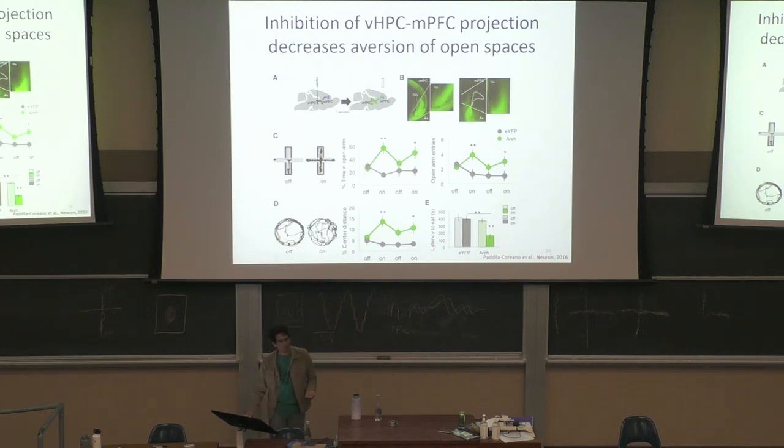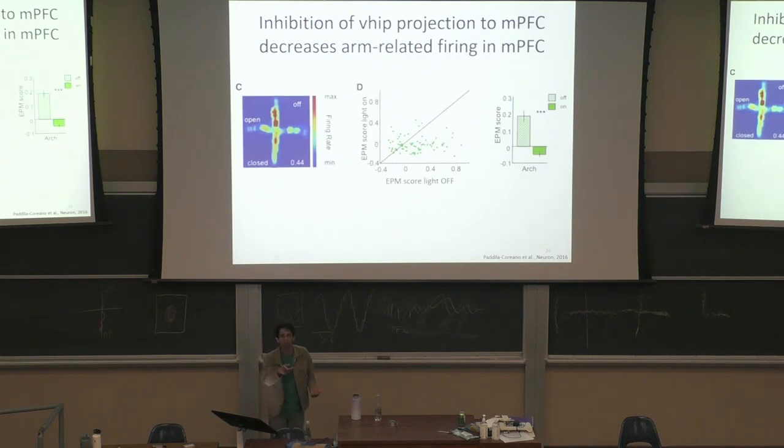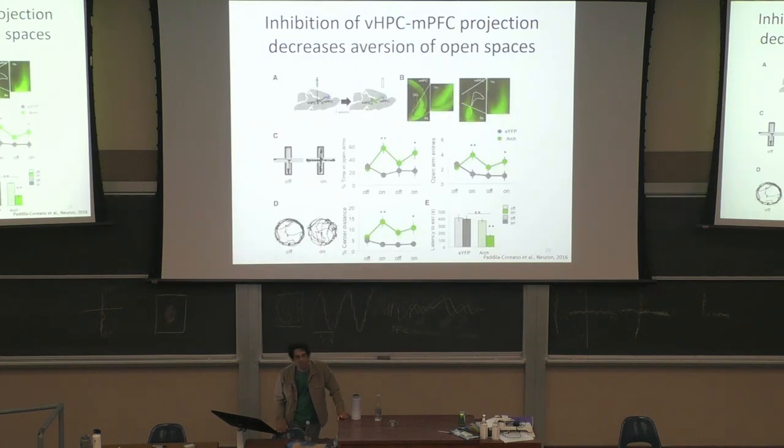So if we inhibit the mPFC ventral hippocampus pathway, then we expect to see less synchrony between the theta waves in the ventral hippocampus and the firing.